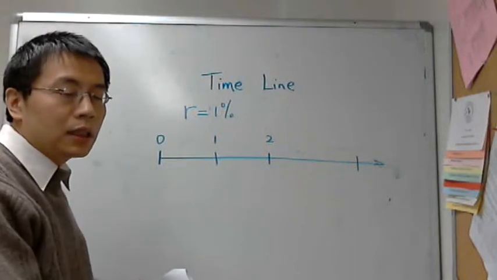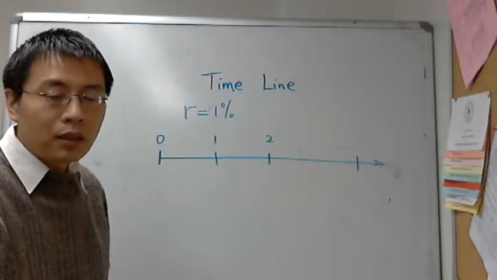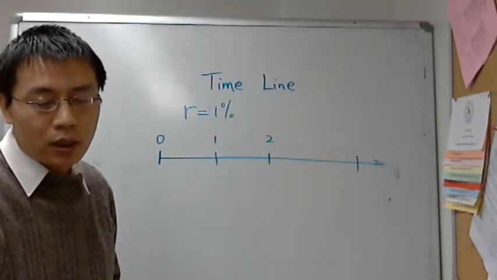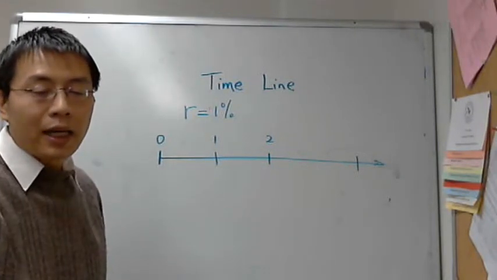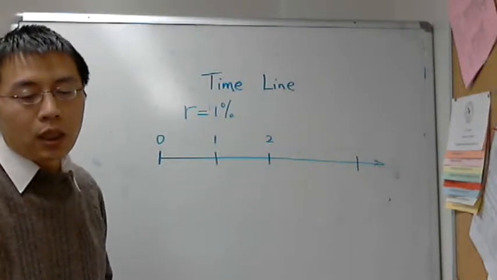The first thing is we are talking about a 1-year investment, but because the investment is making quarterly interest payments, so one period should be defined as a quarter. There will be 4 quarters in a year.